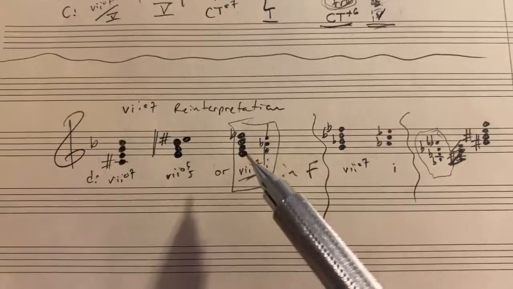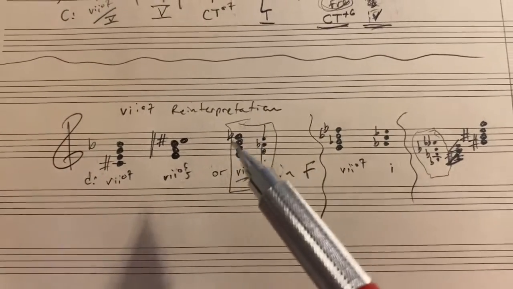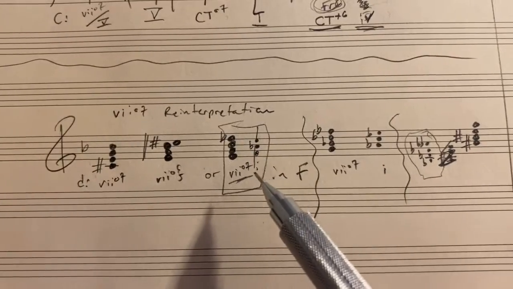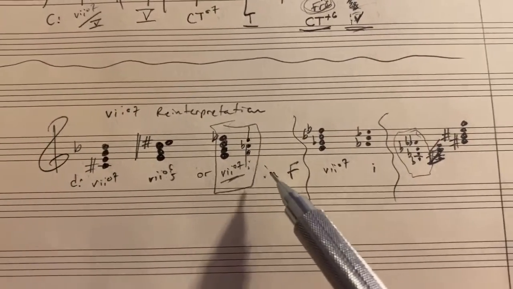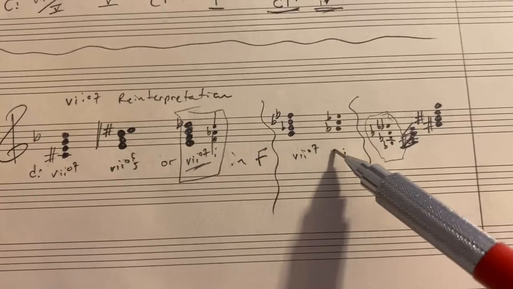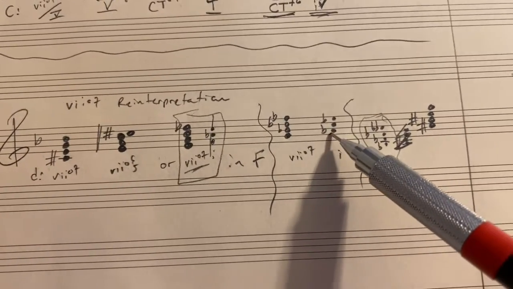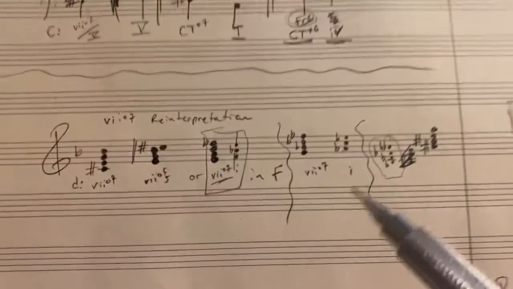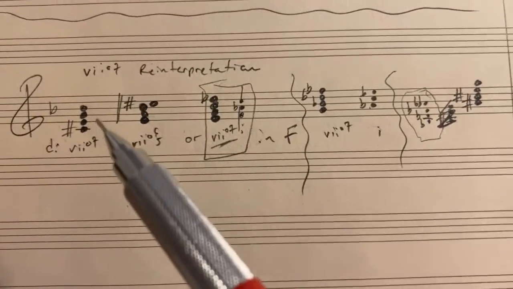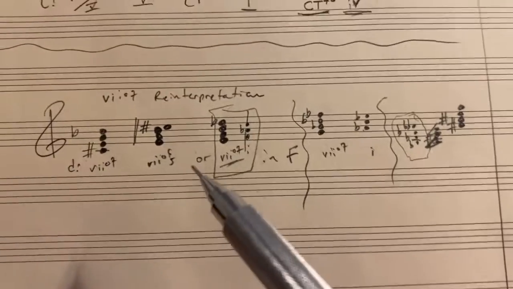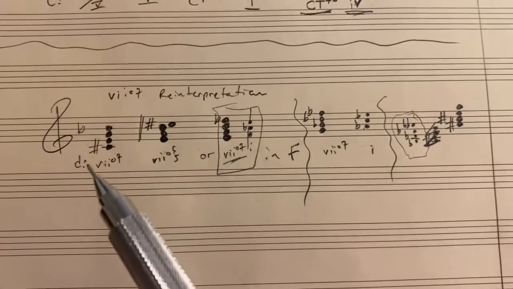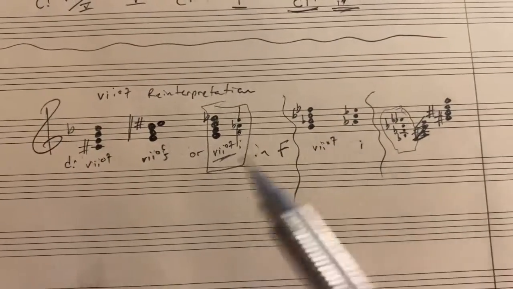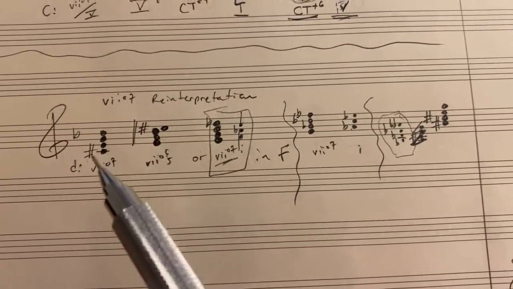You can start on E and respell it as a 7 of something in a new key, in this case in F, and then respell it again starting on G as if it's in A flat. Respell it again as if it's in B, which means for every fully diminished 7th chord, you can use that chord to modulate, or at least to tonicize, 3 other key areas than the one that you might expect.